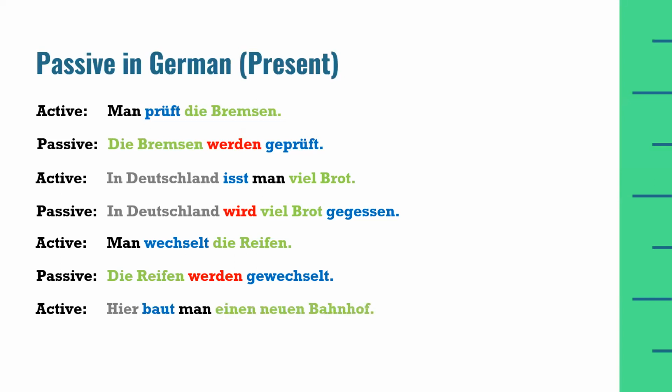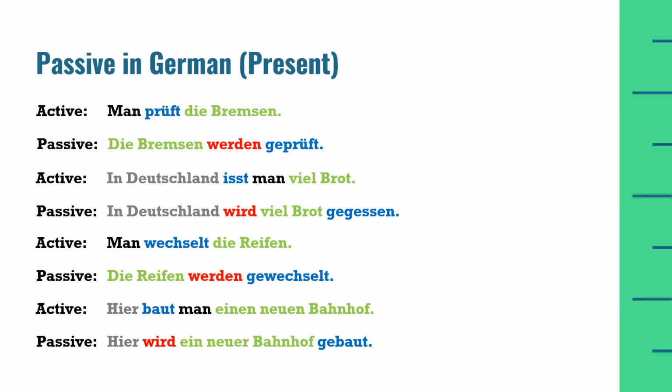Again, another example. Hier baut man einen neuen Bahnhof. One builds a new railway station here. Now, in this case, let's have a look at how we have to change it. Hier will remain hier, so we will start the sentence with hier. At second position, we have to use werden, and we have to conjugate it according to the subject of the sentence. The subject of the sentence is Bahnhof, so for Bahnhof, it will become wird.